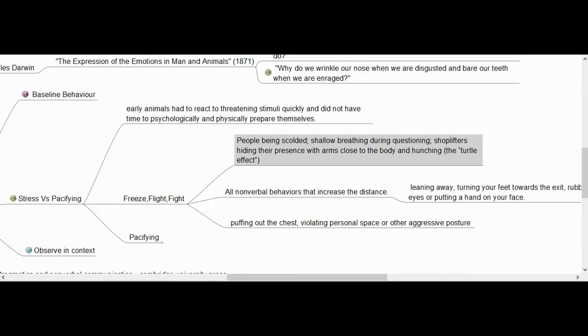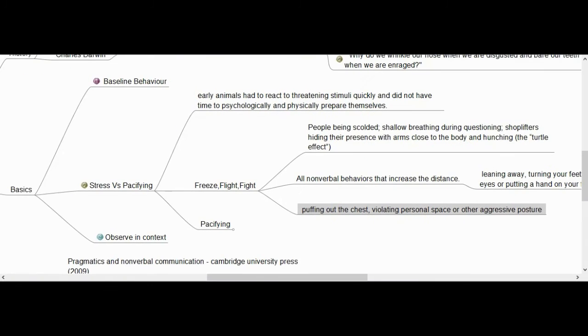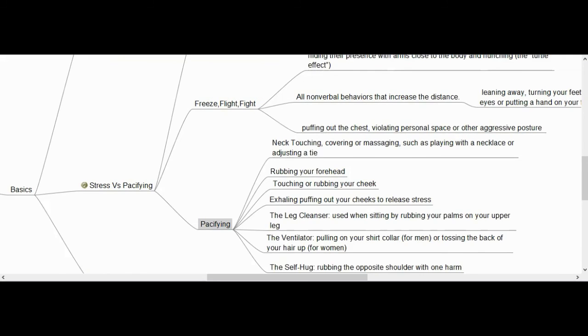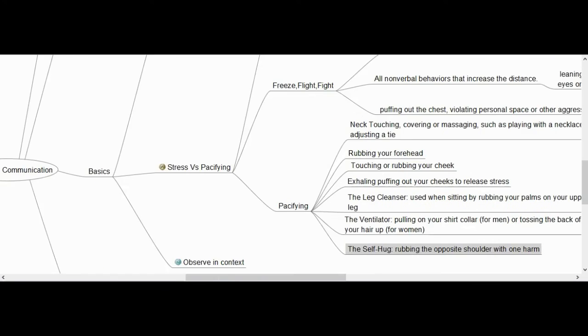These are the freeze behaviors, flight behaviors, and then fight behaviors. And after the threat has passed, you can expect pacifying behaviors, like ventilating, adjusting a shirt collar, or tossing the back of your hair up, etc.